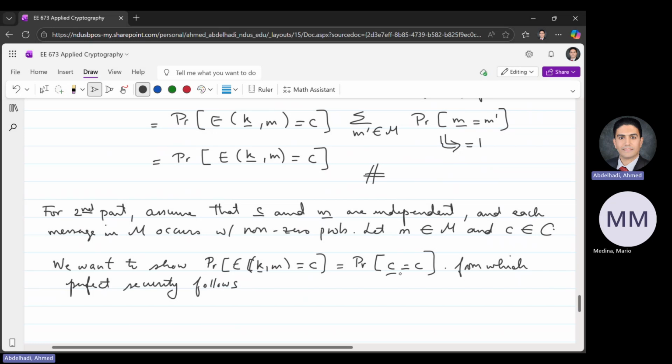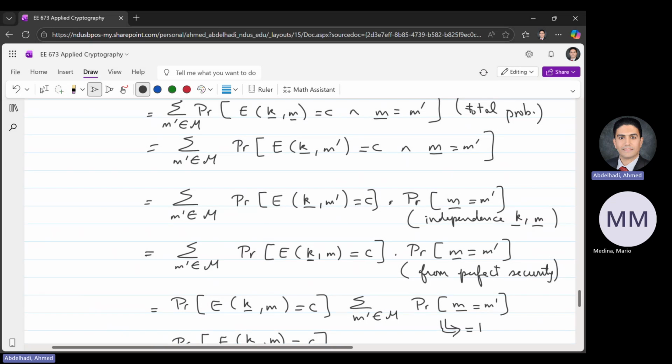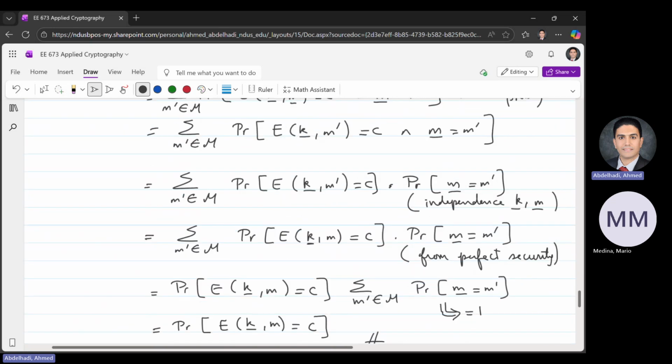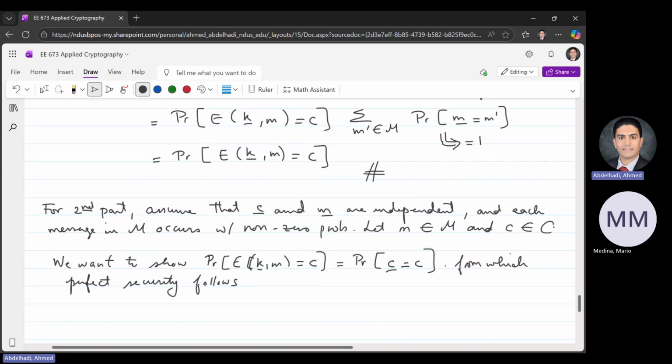So basically, if I was able to prove that the second part is equal, that means that inside this proof, somewhere it's perfectly secure, otherwise it wouldn't be equal. So if I can show that they are equal, then I can show that they are perfectly secure.